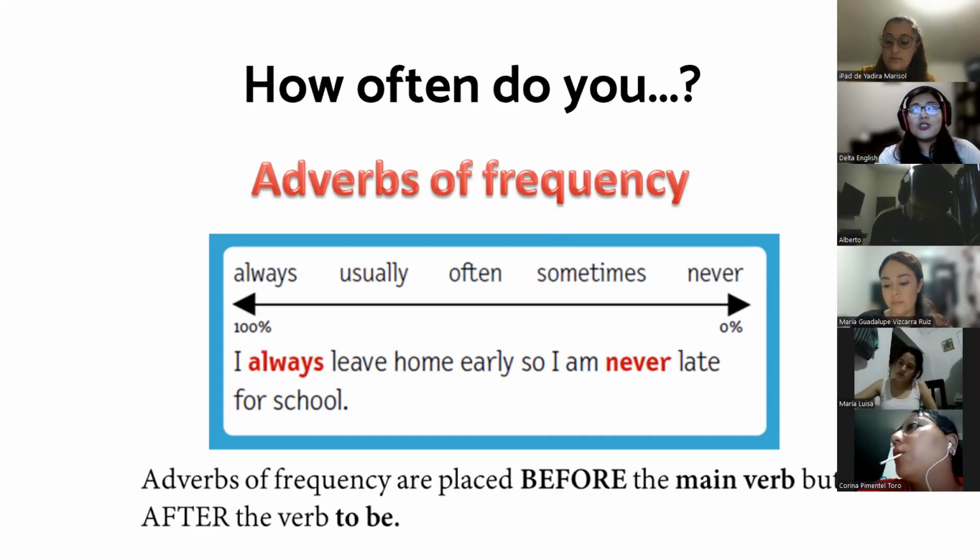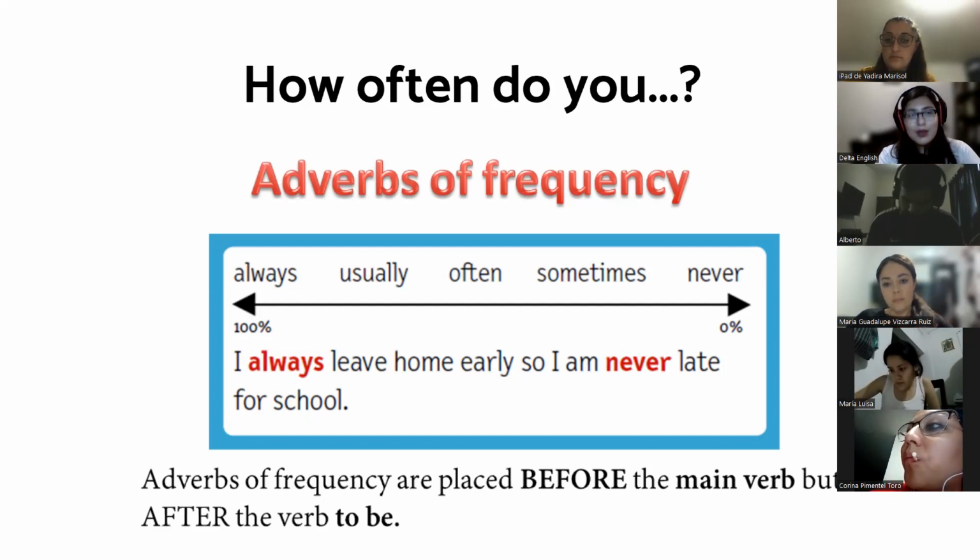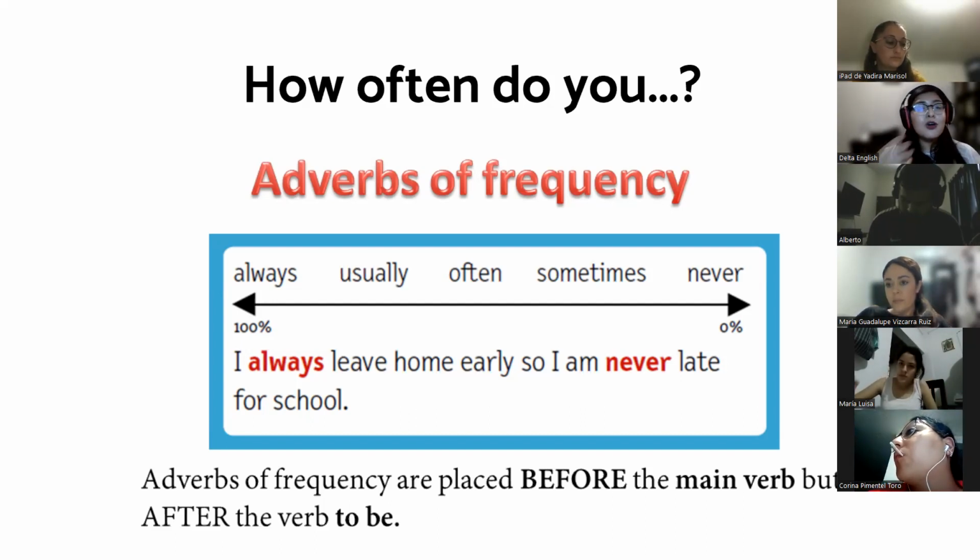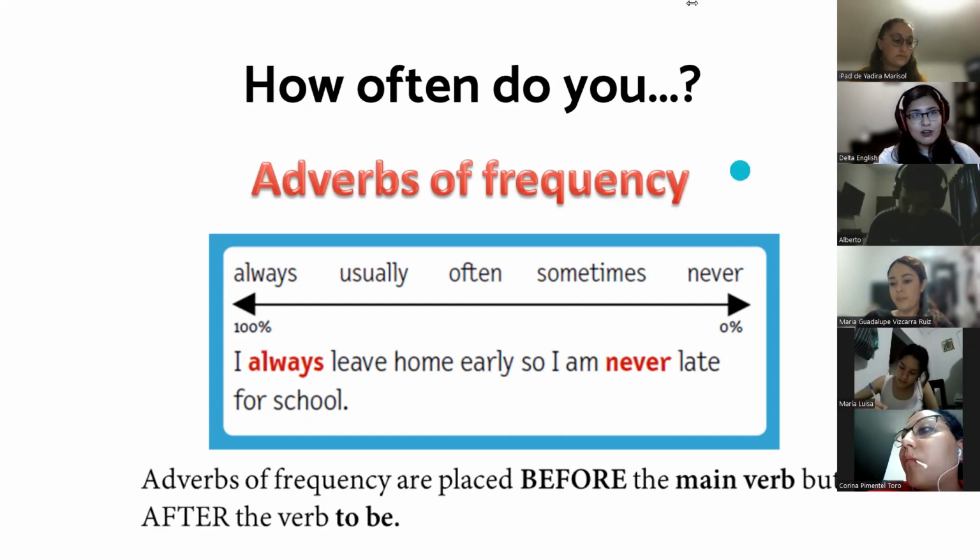A lo mejor no todos los días van a clase de inglés, los fines de semana, ¿no? A lo mejor no todos los días se duermen a las 10, algunos días se duermen a la 1 de la mañana. A lo mejor no todos los días desayunan, un día se les va la onda. Entonces, ¿qué pasa? Que si yo quiero ser un poquito más específica, es cuando empiezo a usar estos adverbios de frecuencia, tanto para contestar un qué tan seguido, como para yo ser más específica con respecto a mis rutinas y a lo que yo hago.